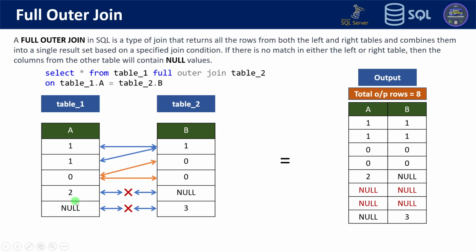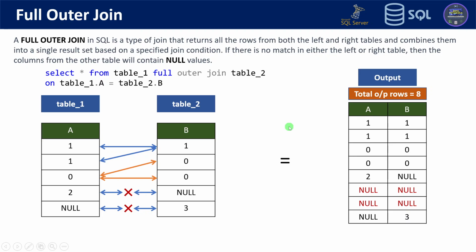Similarly for this null from the left table, it doesn't have anything to match, so null will be connected to null. Similarly for this particular null, again it will be connected to null. And for 3, it doesn't have anything to match with the left table, so 3 will be connected with null. And you will get total output rows as 8.